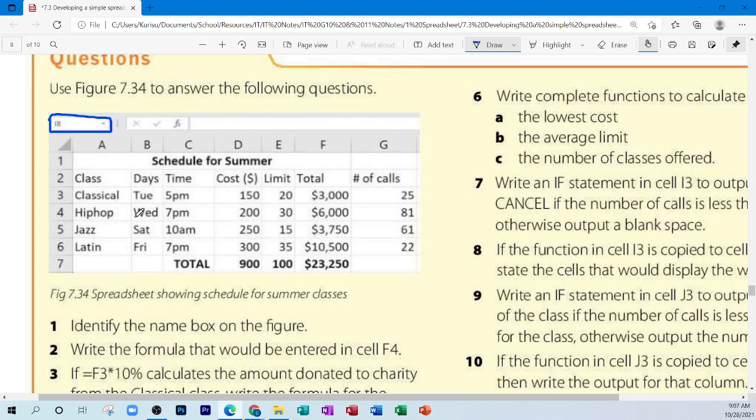Question number 2. Write the formula that will be entered in cell F4. Brittany? Sir, equal D4 asterisk E4 or equal sign E4 asterisk D4. Alright, let me find the cell. Cell F4, that will be this cell here, equal, go over it one more time for me, please.